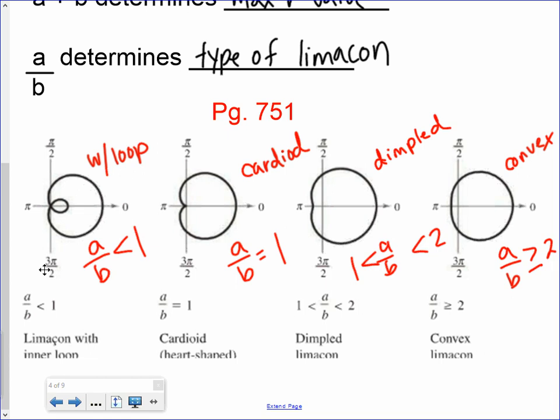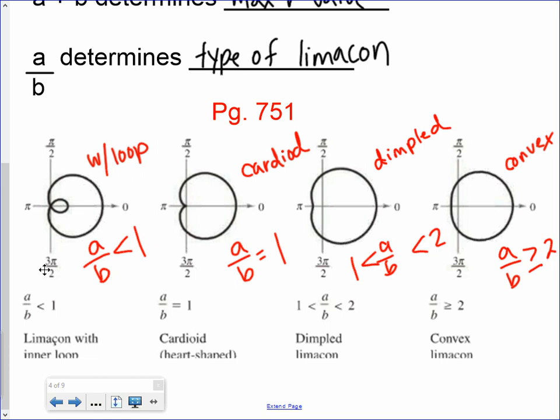Now there's one other thing that I want to label there. It is how many zeros each of these limacons have. And remember that zeros in polar graphs are different than zeros on the rectangular plane or the Cartesian plane with the x and the y-axis. Always up until this point, zeros were identified as like where we cross the x-axis or the horizontal axis.